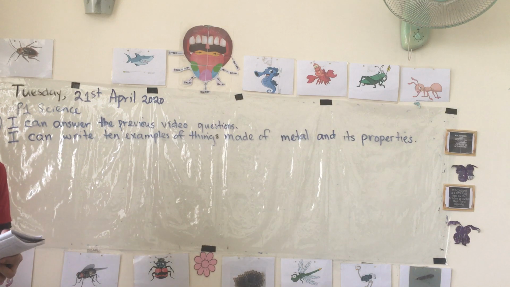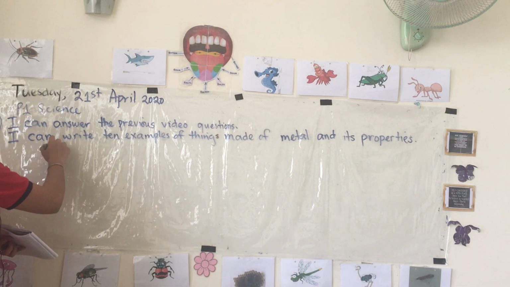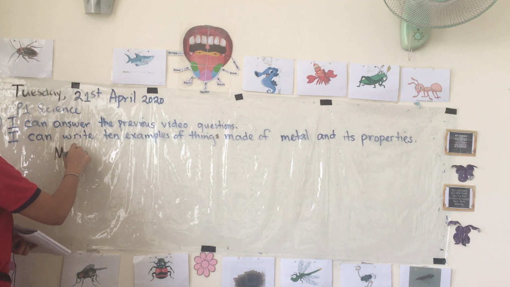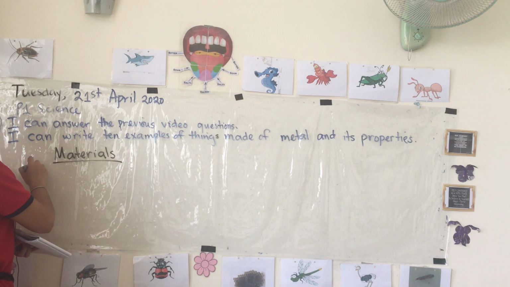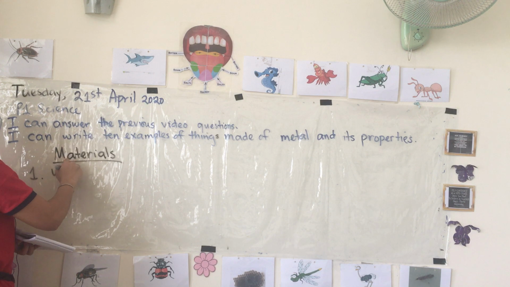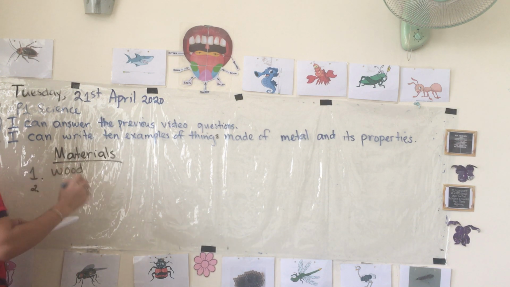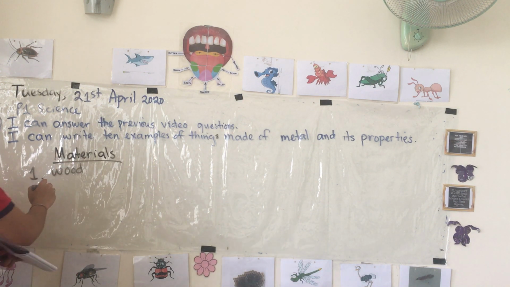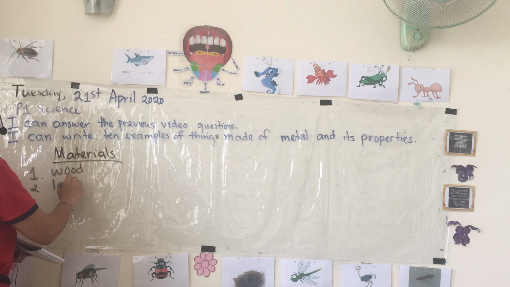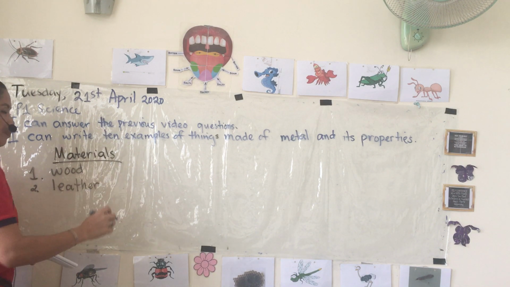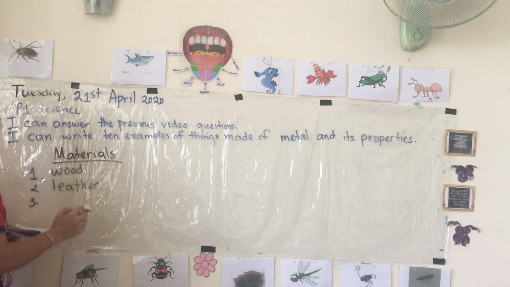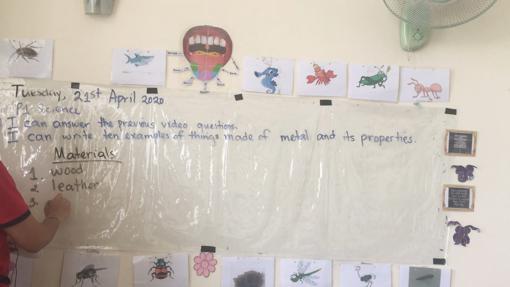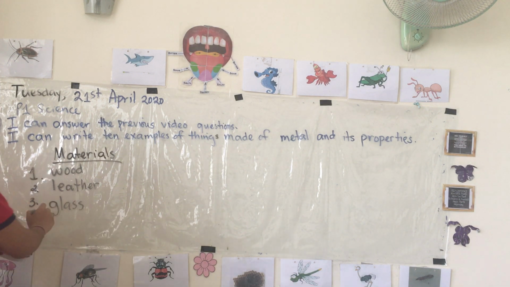Okay, so the materials that we see in the video, I'm going to write them down. We have wood. What else? We have leather. Remember, leather is also a material that comes from the skin of animals. What else? We have glass. We have metal.